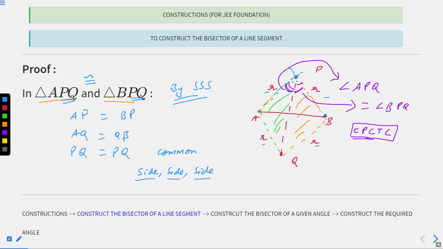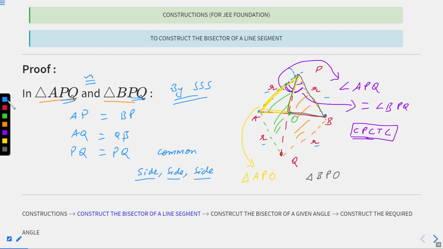Now, if you try to see these two triangles, let me name this point as O. Now, this yellow outline triangle is the triangle APO, and this triangle is the triangle BPO.